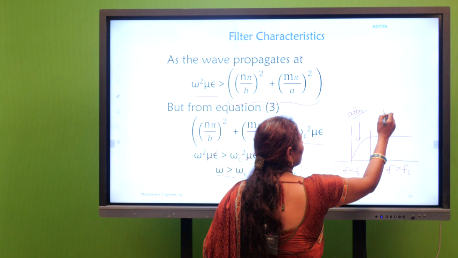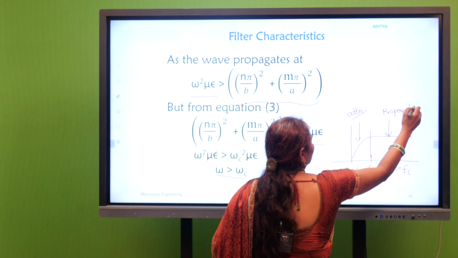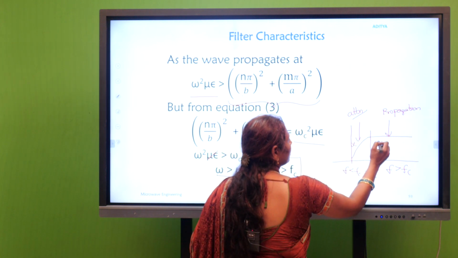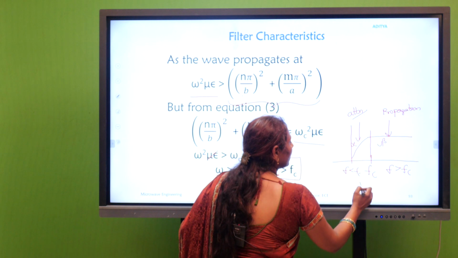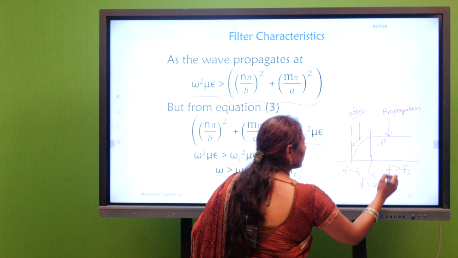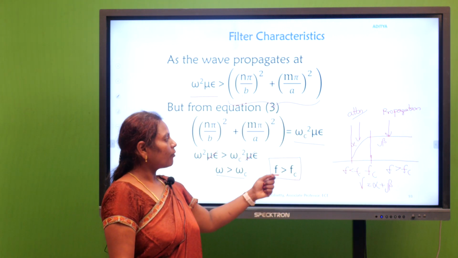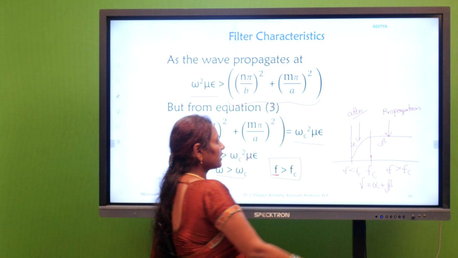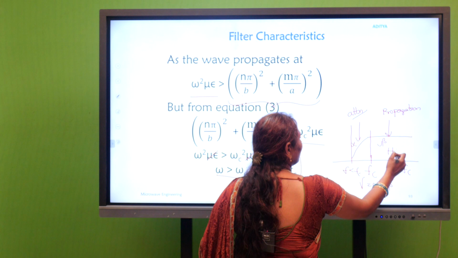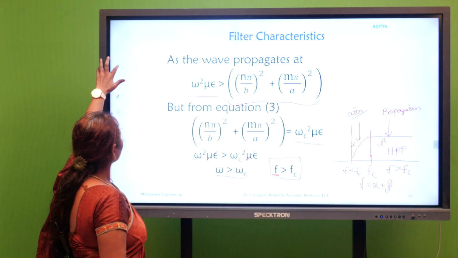That means this is the propagation. So this is alpha and this is j beta, and generally we write gamma is equal to alpha plus j beta, depending on whether attenuation or propagation takes place. This characteristic represents a high pass filter.